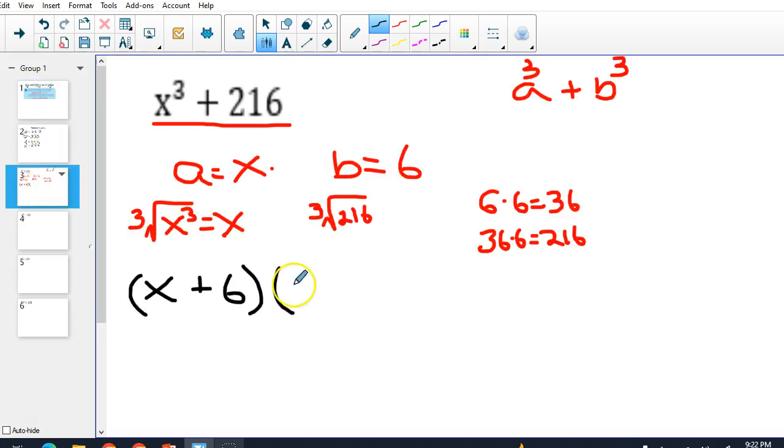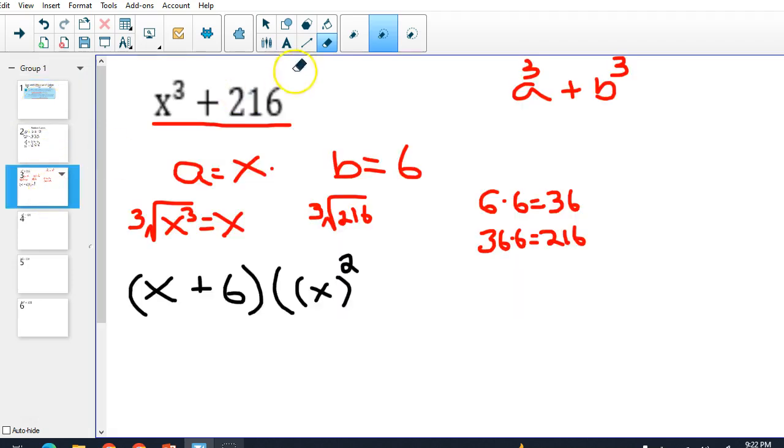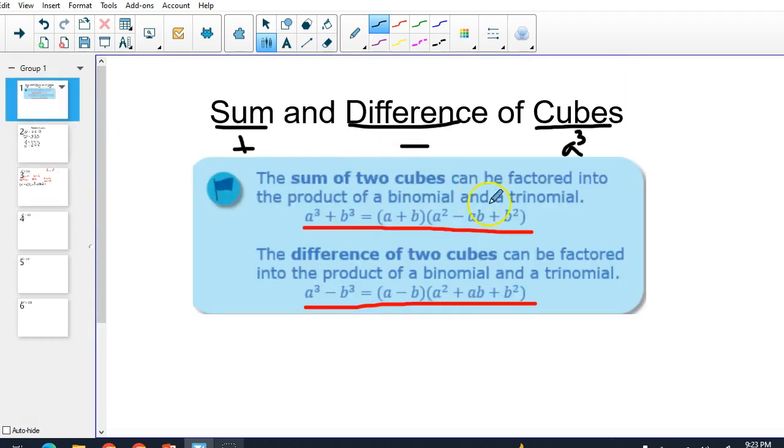So we're going to put in parentheses here. x is our a, so it's a squared, plus, oh, actually I believe that was a minus. Make sure we check. Yep, minus a, which is x, times b, 6, plus b squared.